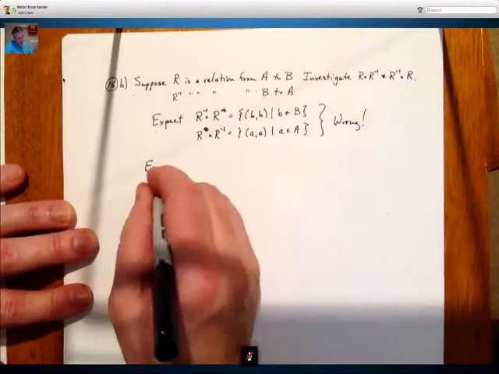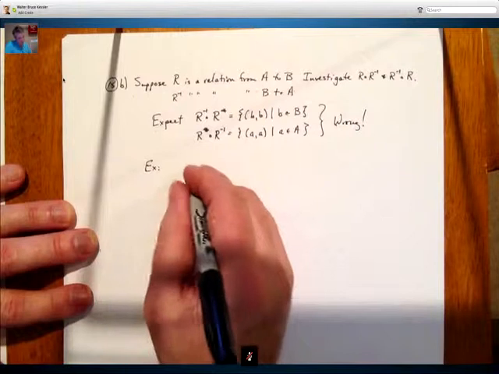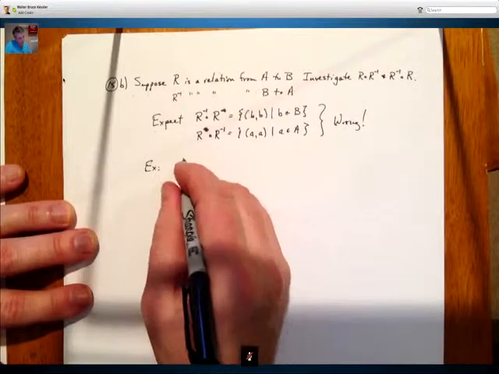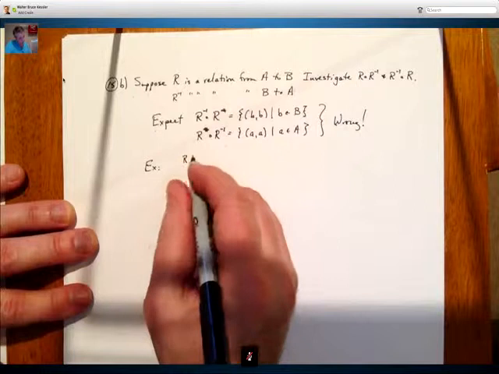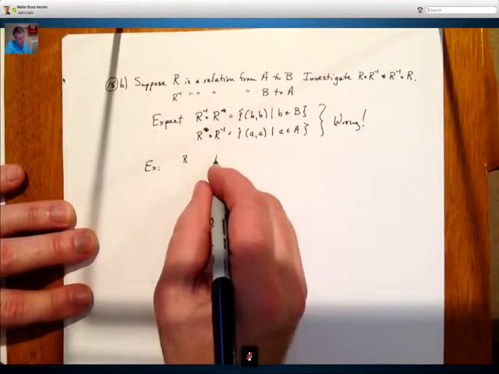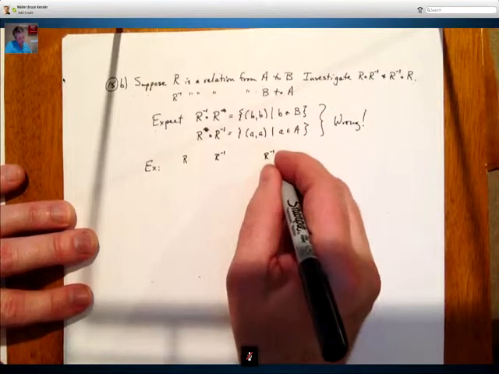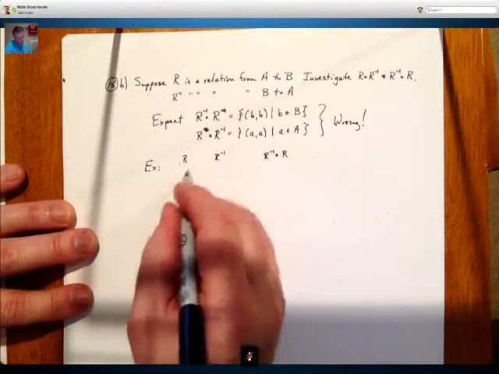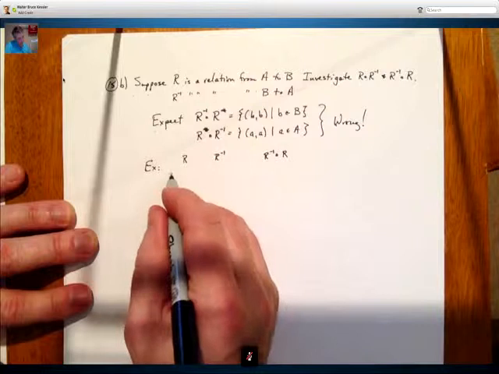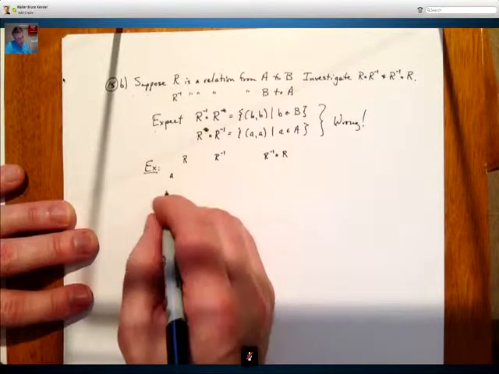This, by the way, is wrong. We'll do R and R inverse. So we're actually looking at R inverse composed with R, because we start with R, right?